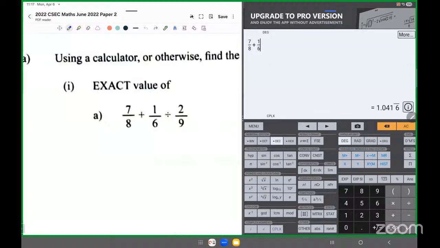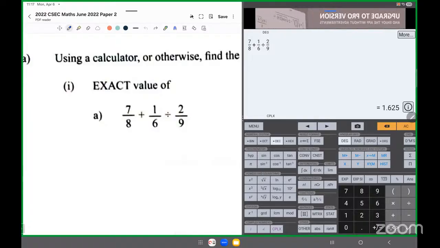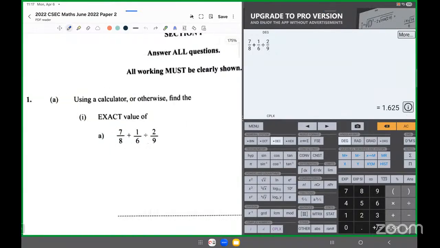And then it's a division sign, divided by another fraction, 2/9. They want the exact value, which is 1.625 expressed as a decimal.